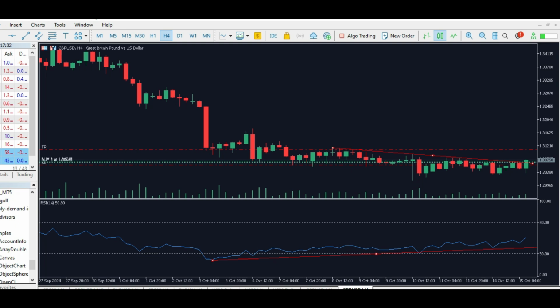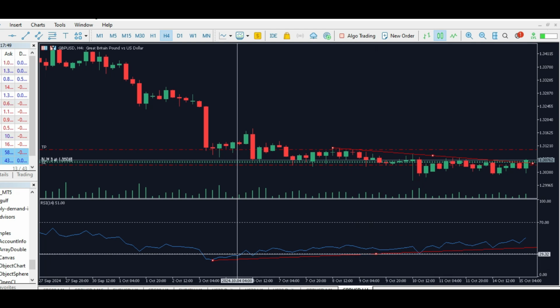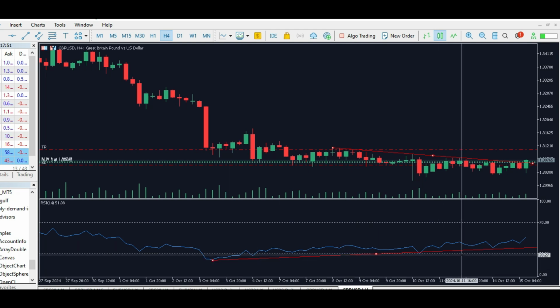Watch here, just a few days ago, yesterday for example, we touched 1.303. The price went lower and lower, and this divergence here was higher and higher. So in the 4-hour chart, in the last 7 days, maybe last 10 days, we can see the bullish divergence.